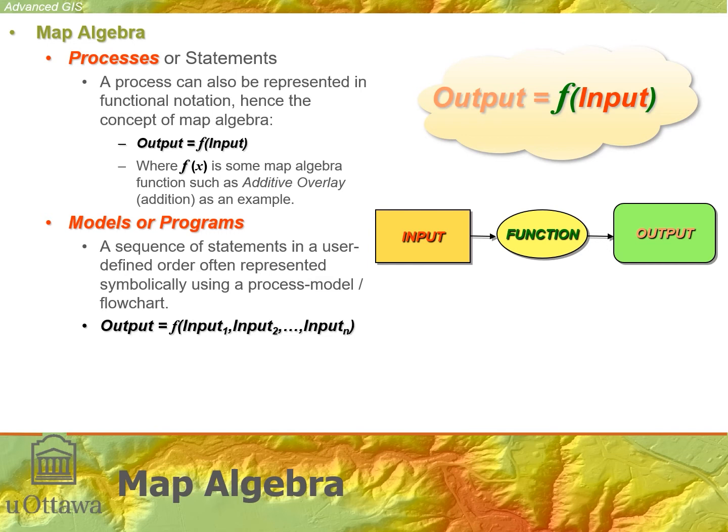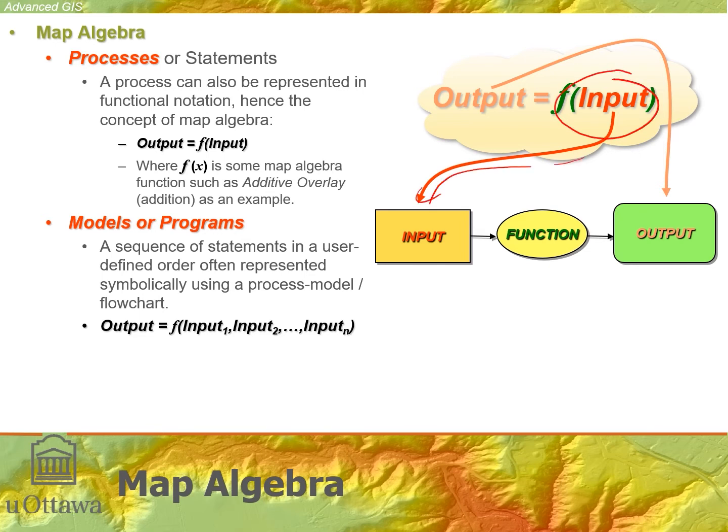So these are the atomic units of map algebra statements or processes for models. Here we have just an inverse of the map algebra notation, represented as the cartographic model process. So the output is simply flipped. Output is first, equals some function of the input, which now becomes from last here to first over here.